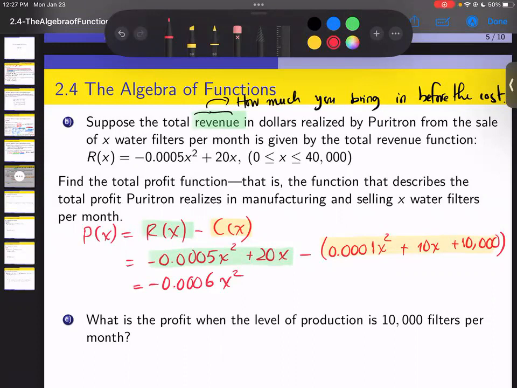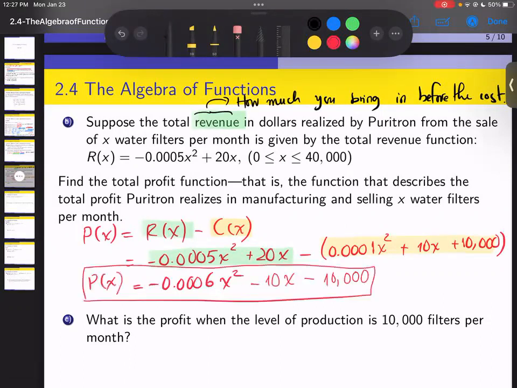And minus 10,000. That will be your profit function. Oh, I keep doing that. Not in the domain. It's a good habit to have, to remind yourself, what is my allowance range? The domain.